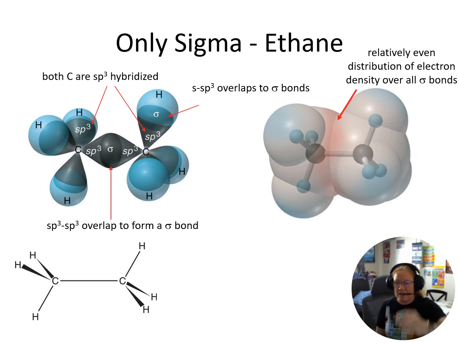And so I get this sp3 hybridization on both of my carbons. My sp3 hybrid orbitals overlap on both carbons, and then the other sp3 hybrid orbitals overlap with the 1s orbitals of my various different hydrogens. Everything's a sigma bond.